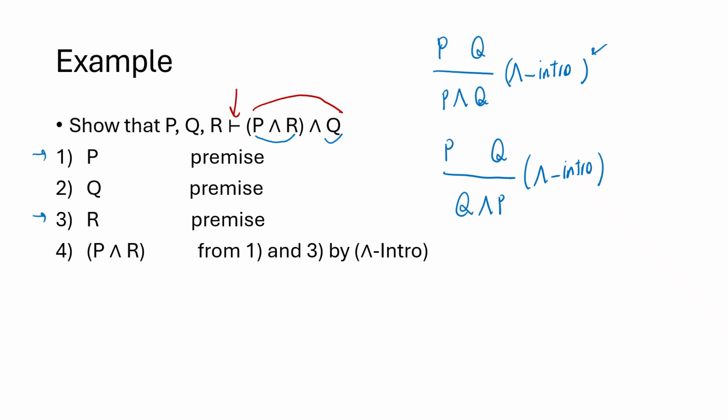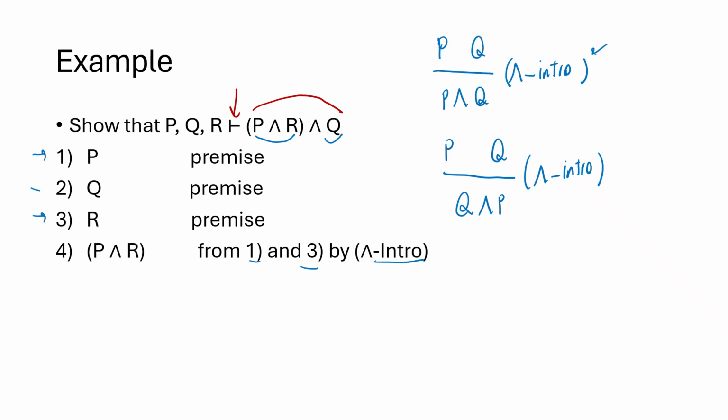And then AND introduction tells me if you know two things, you can combine them with an AND. So I can infer P and R from line 1 and 3 using AND introduction. So this is a new fact that is added to the 3 facts that we had as our hypothesis. Okay, now I know P and R on line 4.